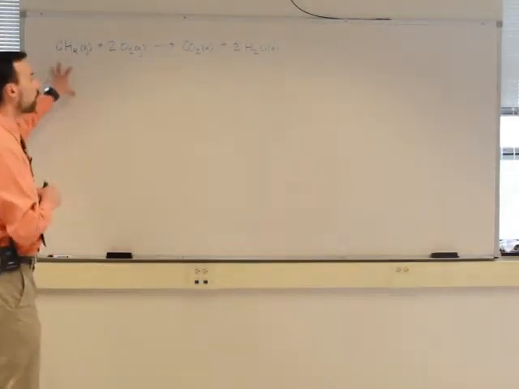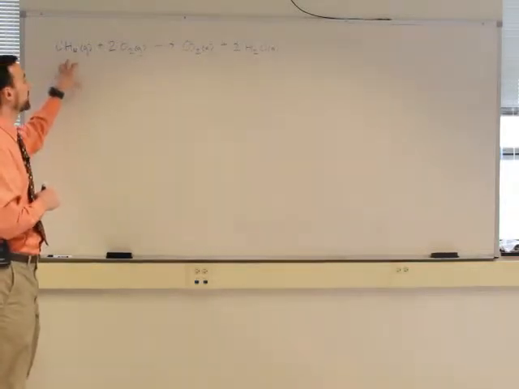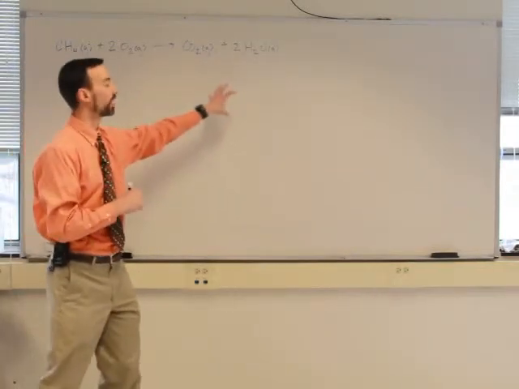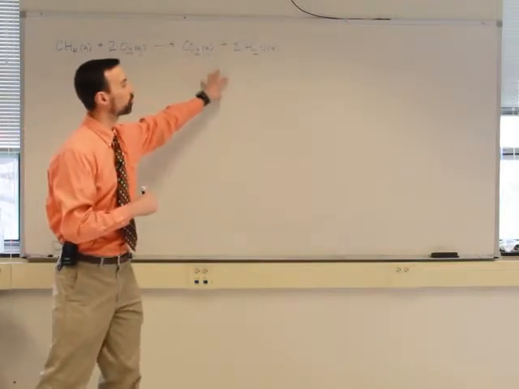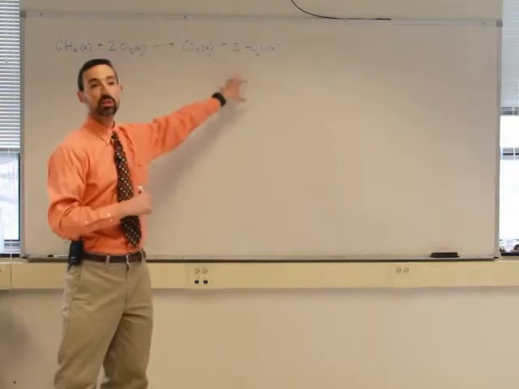So we said this one was hard to predict the entropy change based on the lack of change, right? It's 3 total particles, 3 moles of gas, 3 moles of gas.